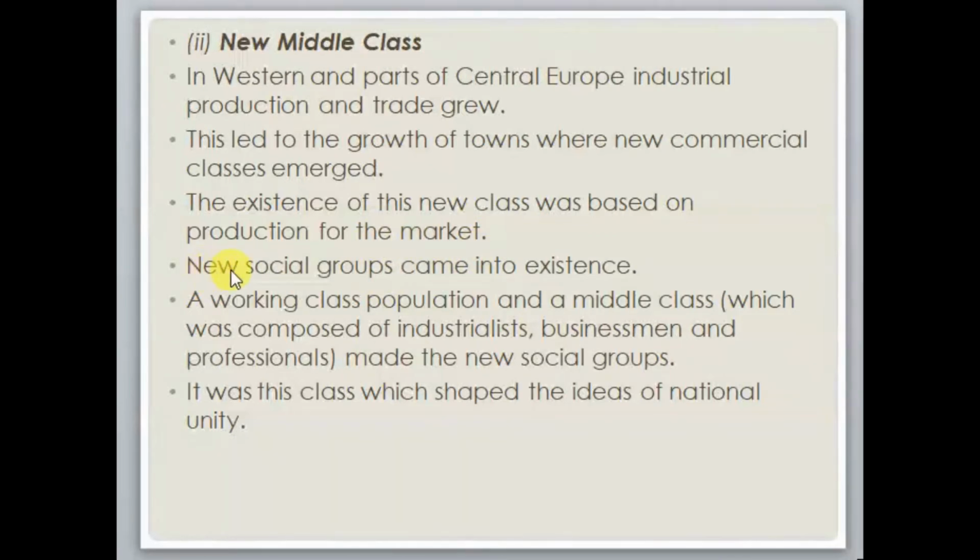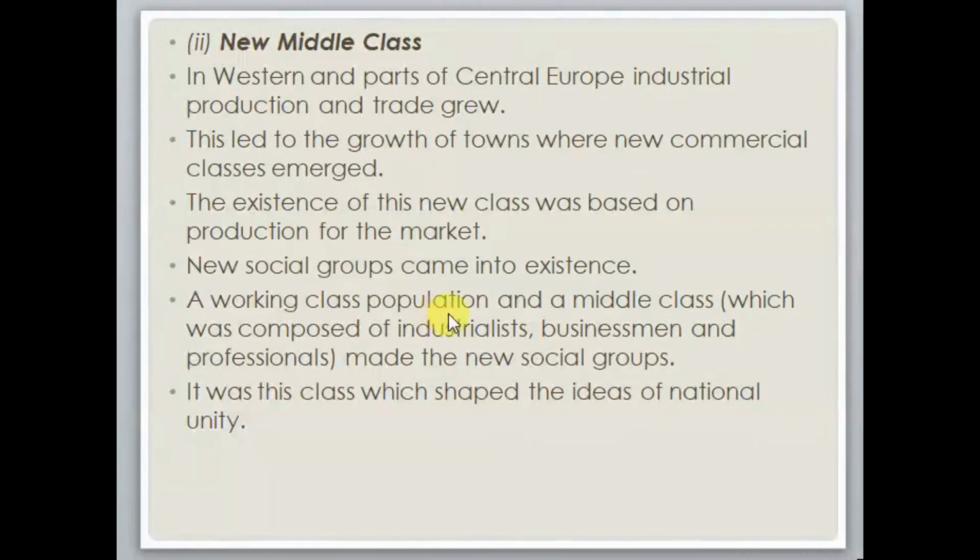New social groups came into existence. There were two social groups, the working class population and a middle class. This middle class was composed of industrialists, businessmen, and professionals. It was this class which shaped the idea of national unity.